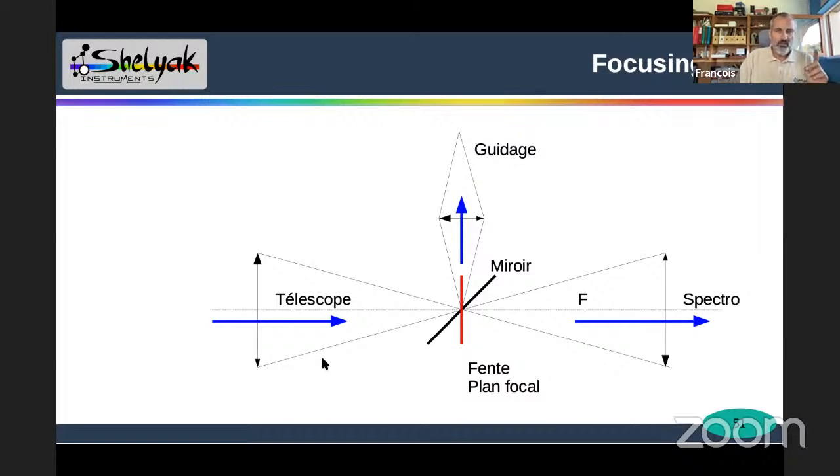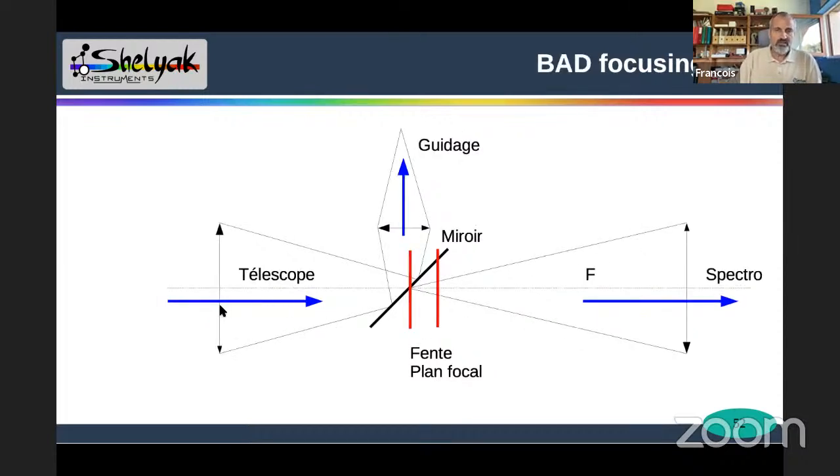If you do it the other way, so if you forget to focus properly the guiding camera on the slit, and you just do the focusing of the telescope, in this case, you will have sharp images of the stars, but it will not be optimal at all because you will be in this situation.